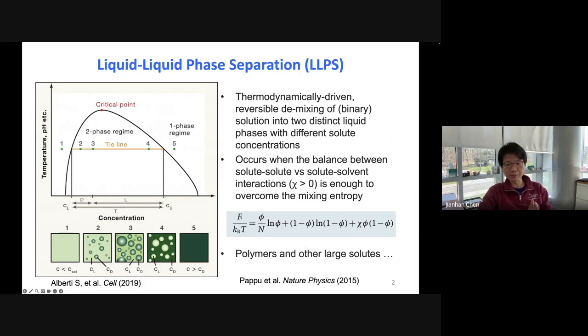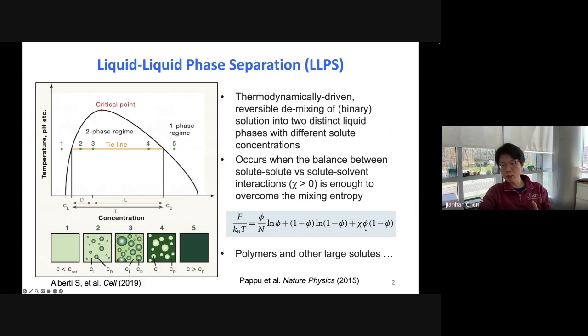This F is the free energy of a phase. The first two terms, where phi is a fraction, or you can think of it as a concentration, are essentially the entropy of one phase and the entropy of the other phase. Then this sigma is the interaction between the solute and the solvent.